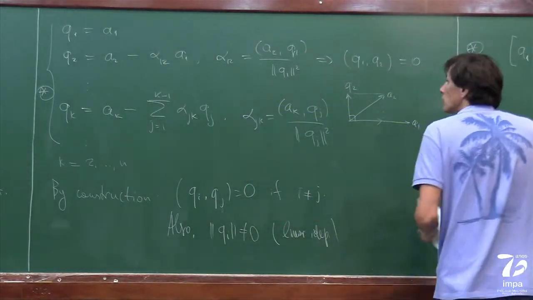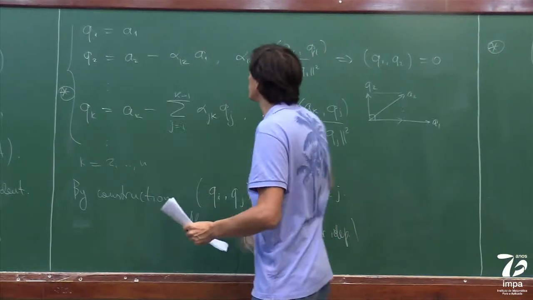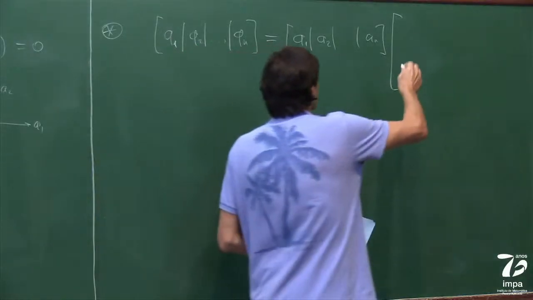So the coefficients, see, so these are 1, 1, 1, 1. So we have 1 on the diagonal.